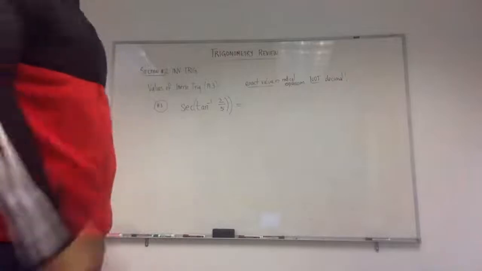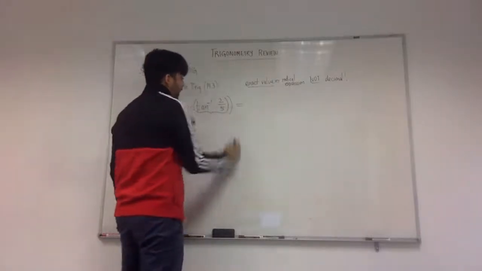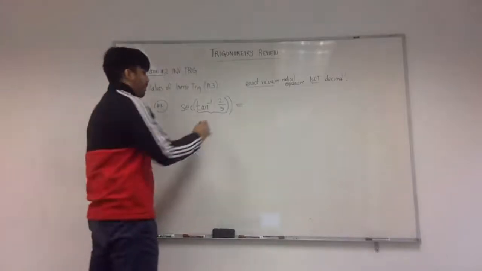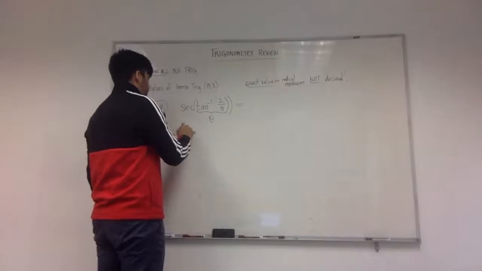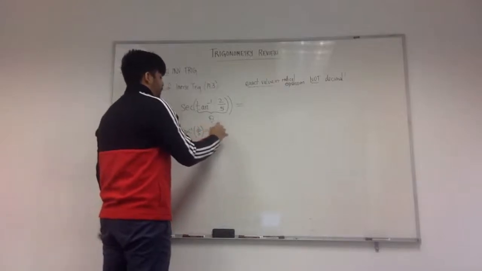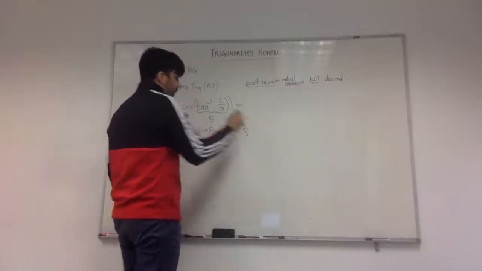Now, how do we take care of this? We always go from the inside out. The inside of this expression, what do we have? We have an angle. Tan inverse represents an angle. I'm going to call it theta. So tan inverse of 2/5 equals theta, which means that tangent of theta equals 2/5.